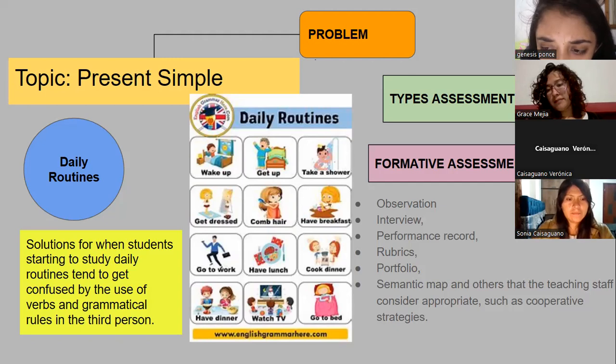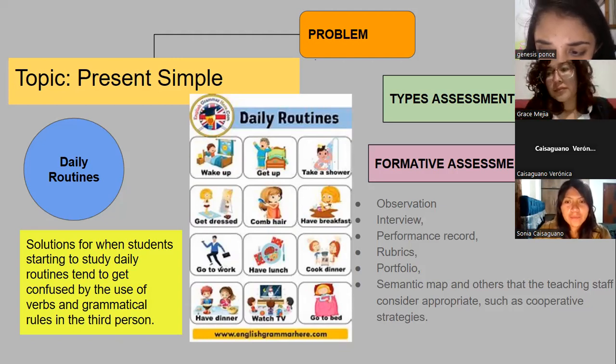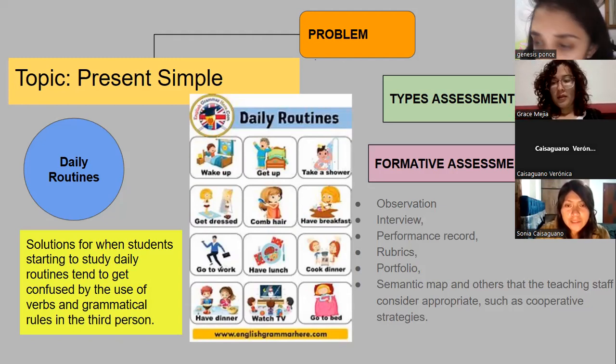But, Vero, what do you think about formative assessment? Okay, I believe that at the elementary level, it is important to take into account the learning pace of each student, as is the case with daily routines.